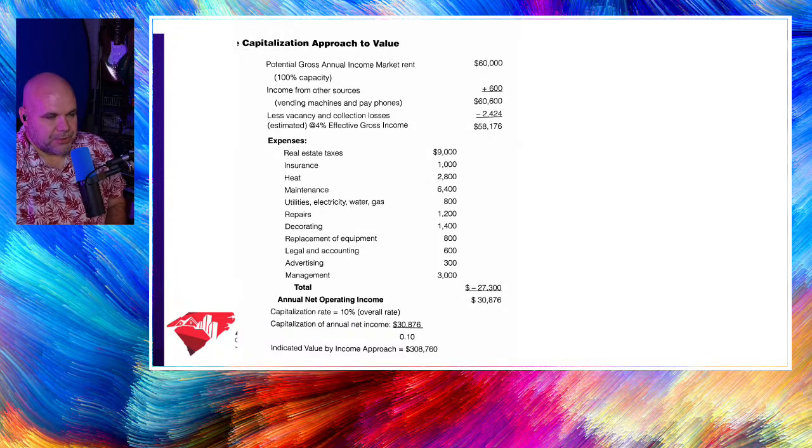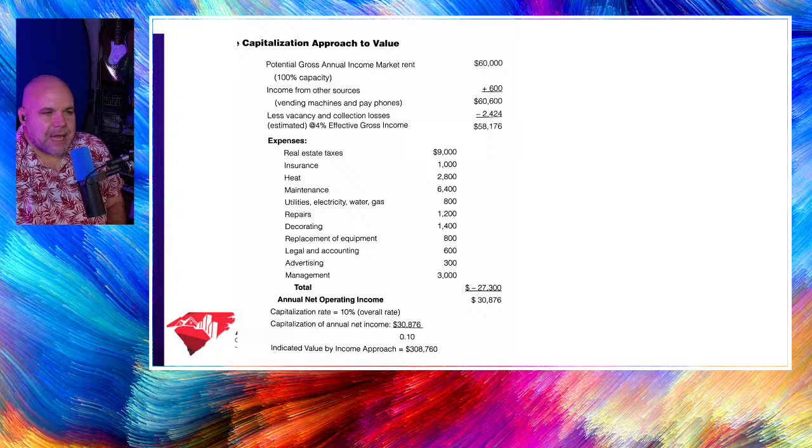Okay, let's talk about cap rate. We've done our research. We know that cap rates for properties like this are 10%. That's the cap rate for a property like this. Divide the NOI by the cap rate, and it'll give you an income estimate or valuation of $308,760.